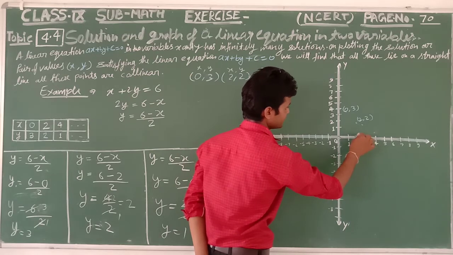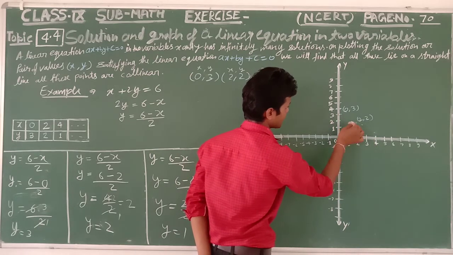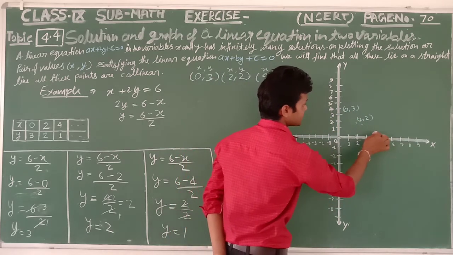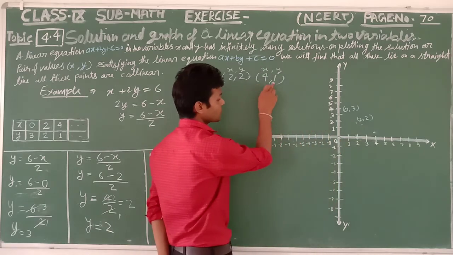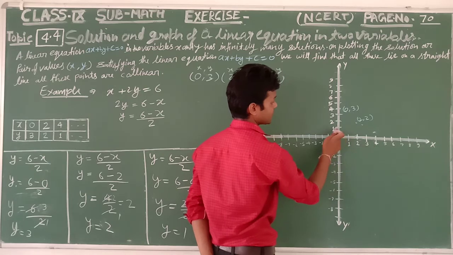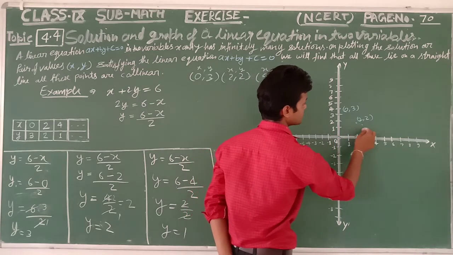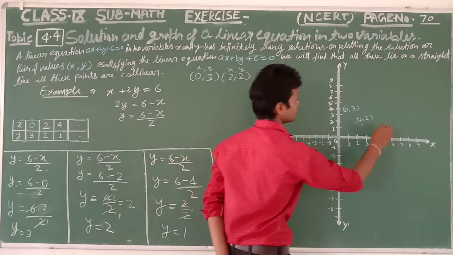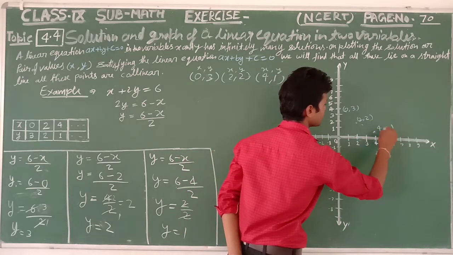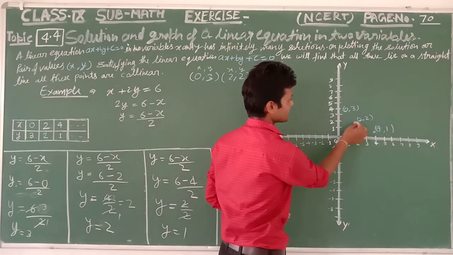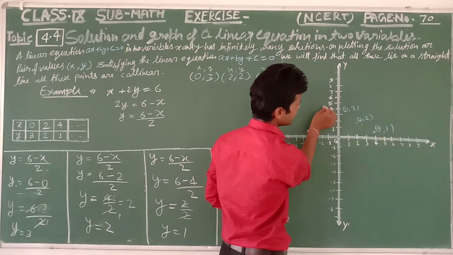I mark it here, and write the value 4 comma 1. So you get three points: first, second and third.